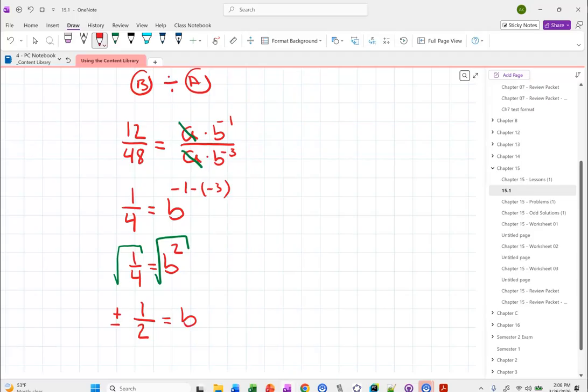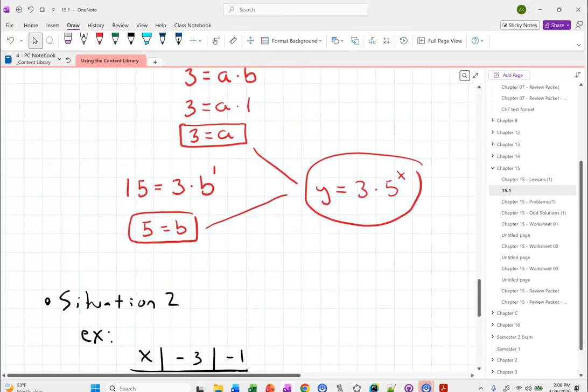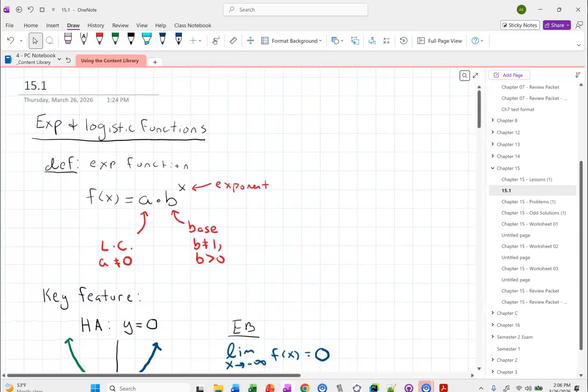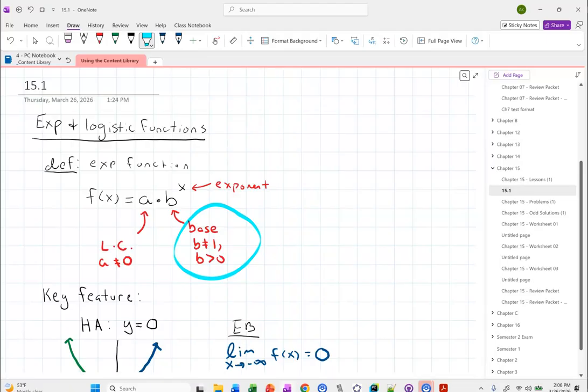What do you notice, though, here? Go ahead, Adriana. That's B. Yup. Do you notice anything funny here, though? Not being negative. Ah, very good. Remember, back to the very beginning, that value for b has to be positive and not equal to 1.